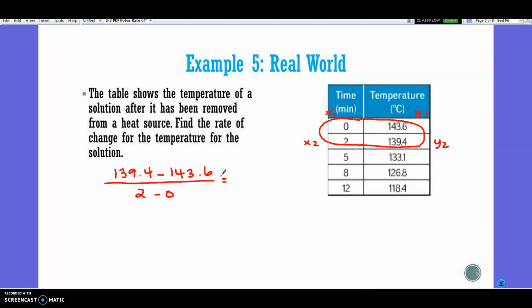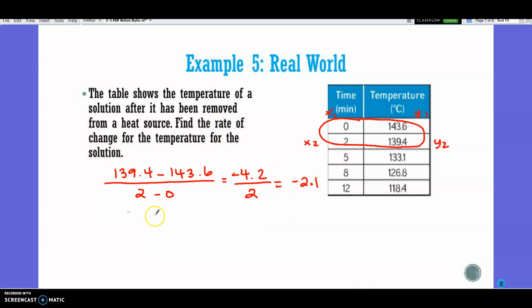Okay, so then the change in my y would be a -4.2 over, change in my x would be 2. So it would be a -2.1. Find the rate of change for the temperature.